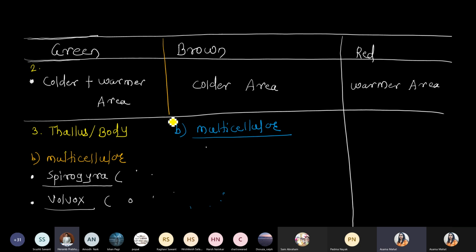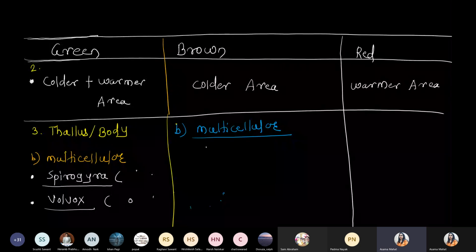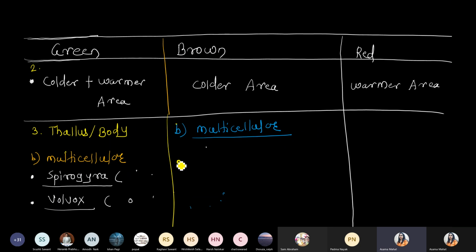Okay. So in case of multicellular, first of all, I'm taking the first example. We just discussed that unicellular structure is totally absent in brown algae. Whatever structure there is depends on being multicellular. Multicellular also has many structures like branched, unbranched, filamentous, colonial. But please remember, whenever we are talking about multicellular brown algae, these have a branched structure.